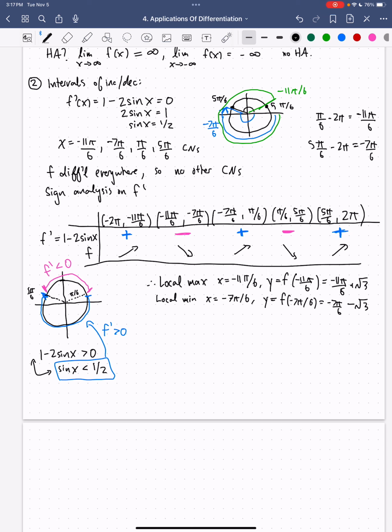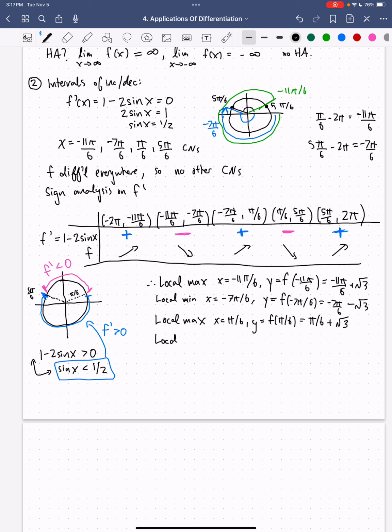Okay. Then our function is increasing again until we get to another local max. That corresponds to when x is pi over 6, and then y will be f of pi over 6, which ends up being pi over 6 plus root 3.